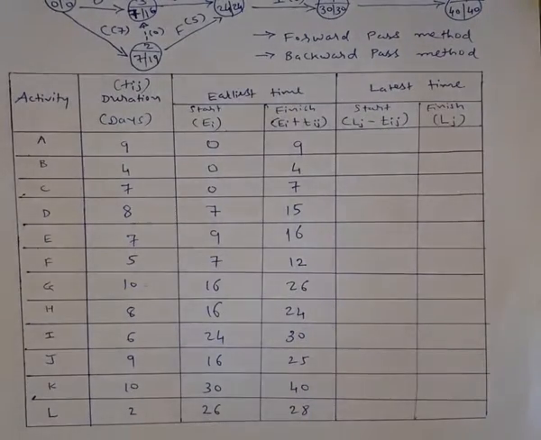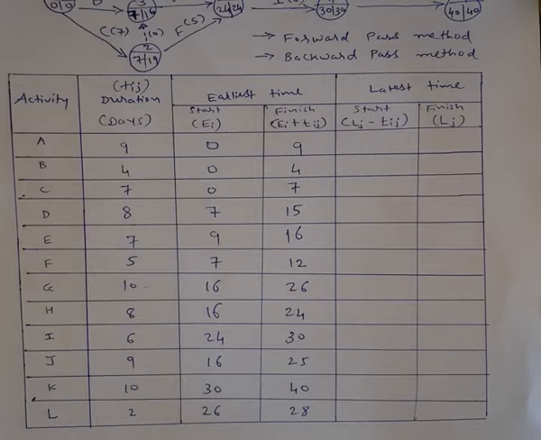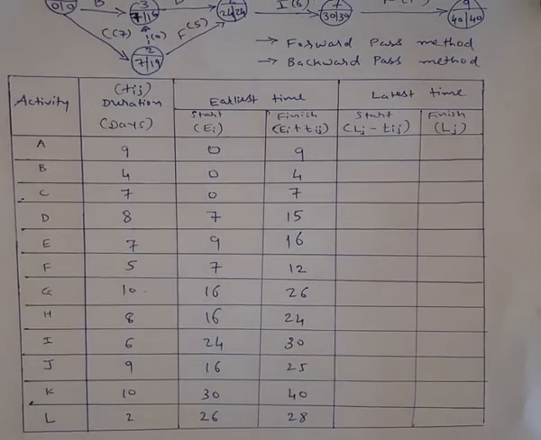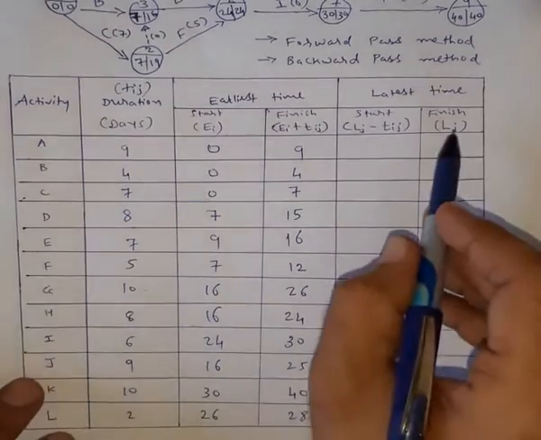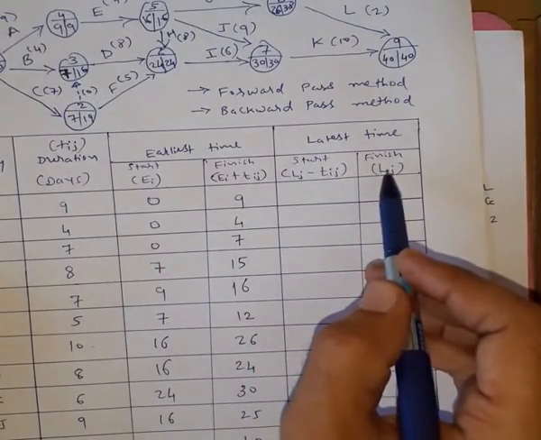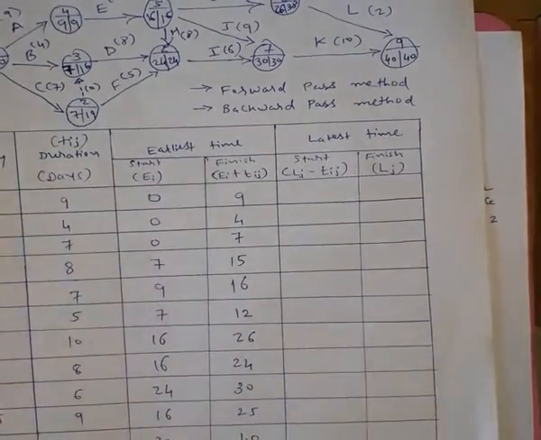Now latest start time. So how is the latest start time found out? For the latest start time and latest finish time, first we need to find LJ, then we can find the latest start time. In this we have to first of all find the latest finish time, that is LJ.